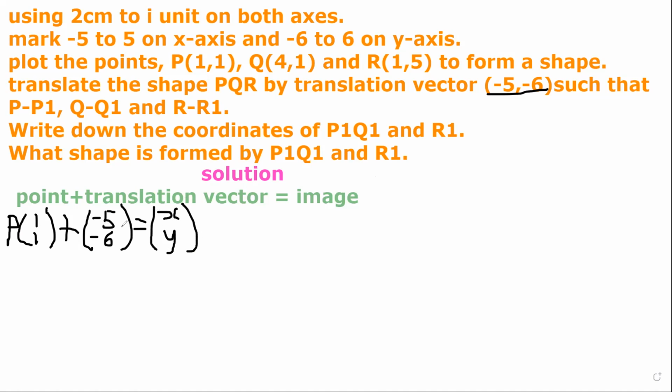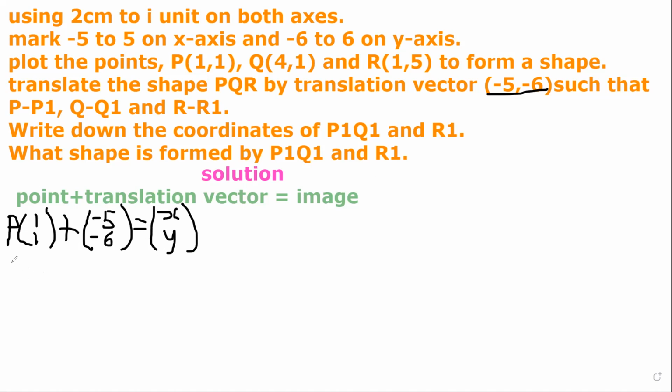Now you solve them in an equation. As I said earlier, this one is not a fraction, okay? It's a vector. So you solve the one that leads to the X, and then you solve the one that leads to the Y in equation form.